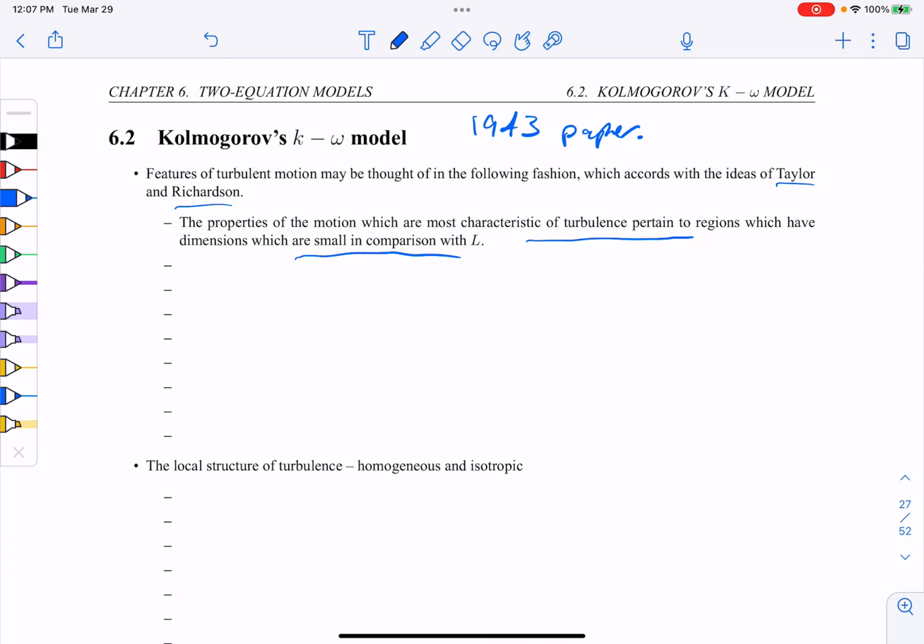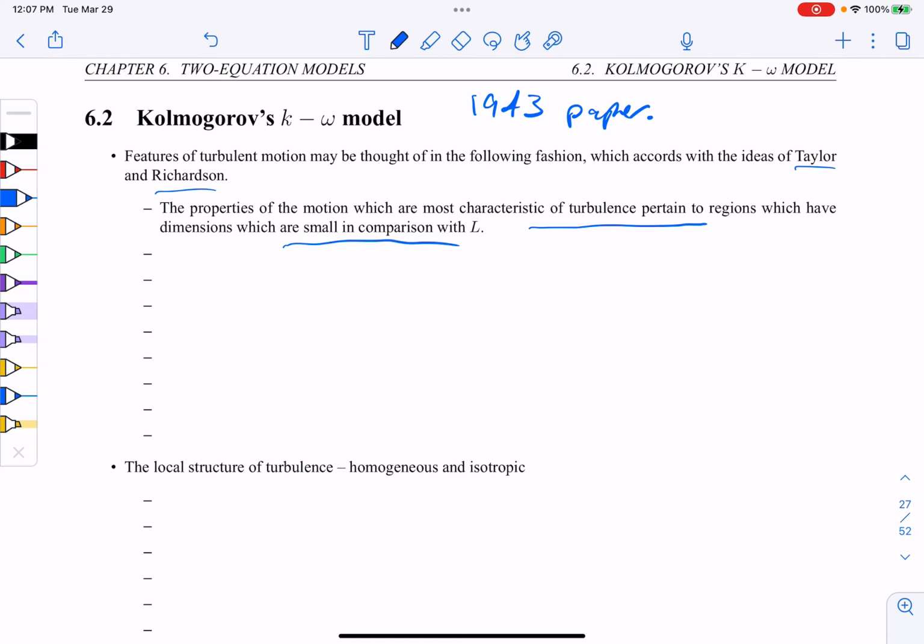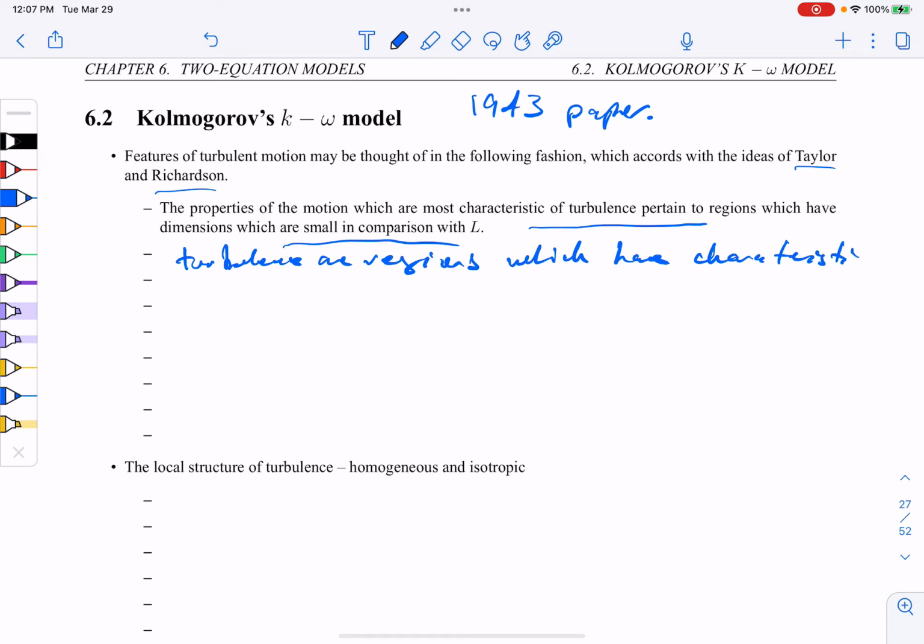So let's just talk about some of the philosophy of Andrei Kolmogorov before writing down his equation. He viewed turbulence as regions which have characteristics smaller than L, and L is some integral length scale, and L might be viewed as a mixing length.